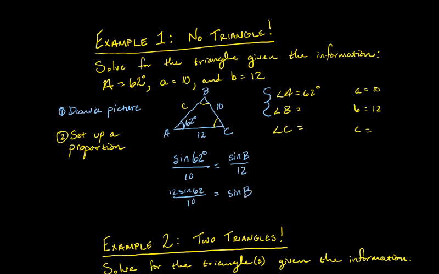Remember, if you're going to find the angle, you're going to need to use the inverse function. So I'm going to do the inverse sine of 12 times the sine of 62 over 10 in my calculator, and that'll tell me angle B. If you put that in your calculator right now, you can hit pause, type it in, and see what you get.